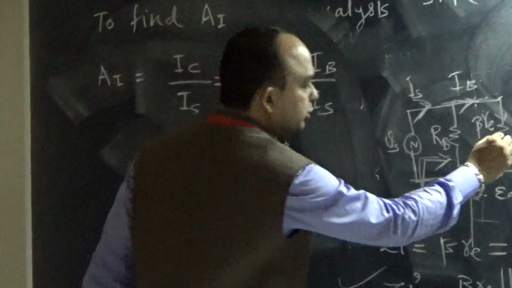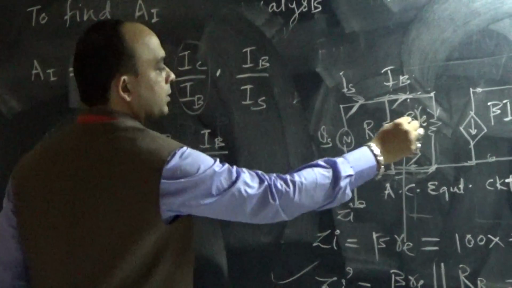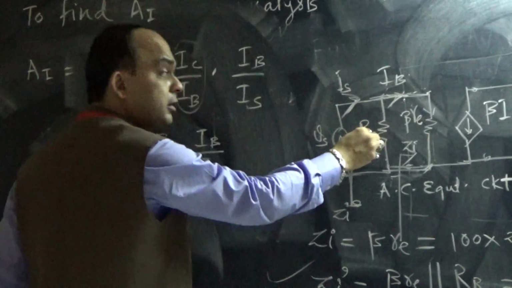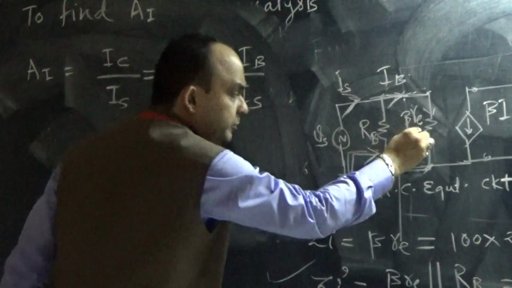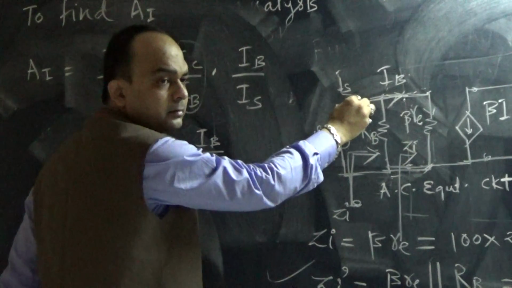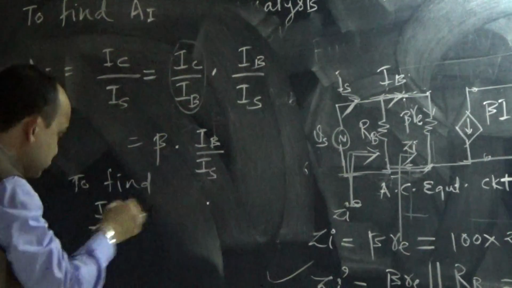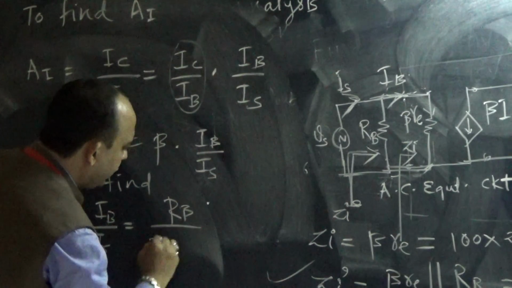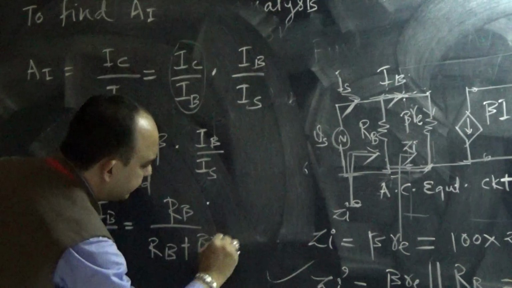The current through this is the opposite resistor divided by the sum of these two, into the current supplied. So if I take IS on this side, I will get RB upon RB plus beta RE.